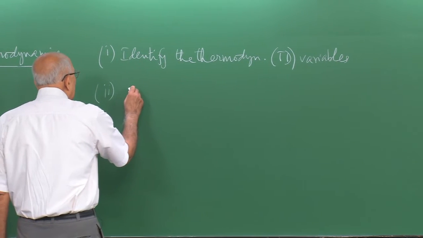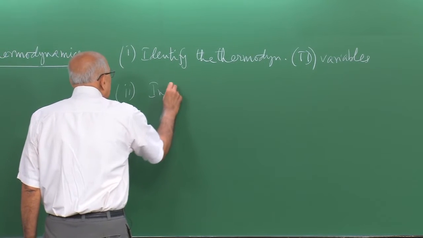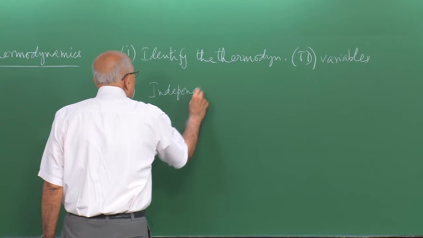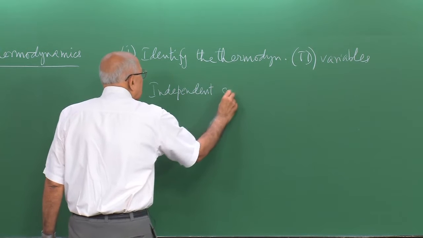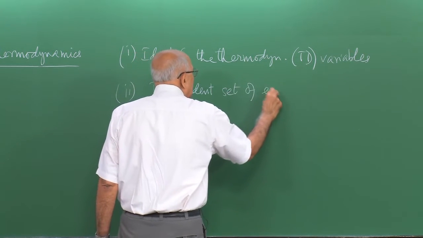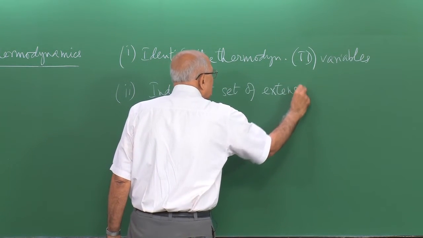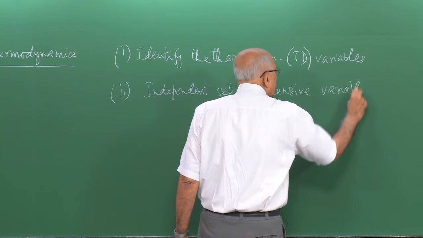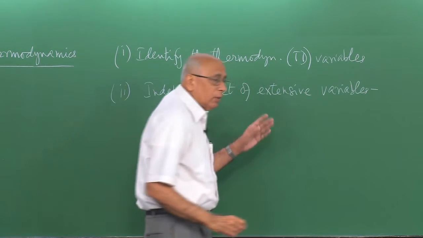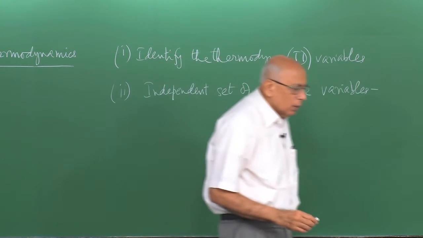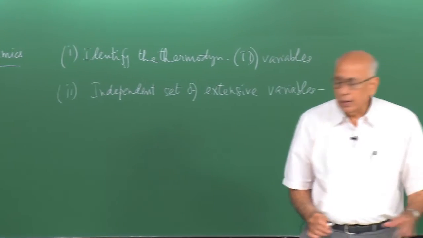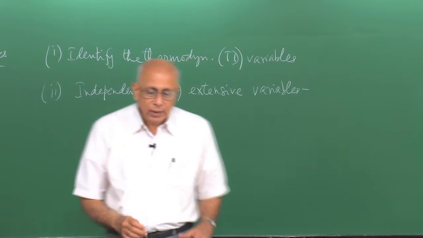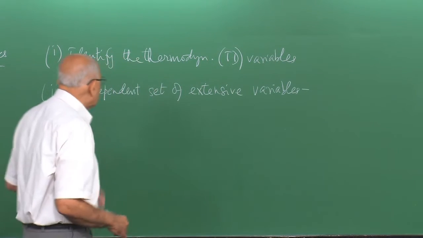So we need to identify the independent set of extensive variables, and there are several ways of doing this. This is not unique. One way of doing this is the following, and a very common one, and the one that is standard, so to speak.